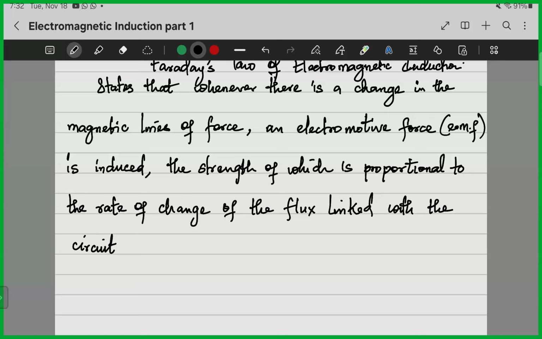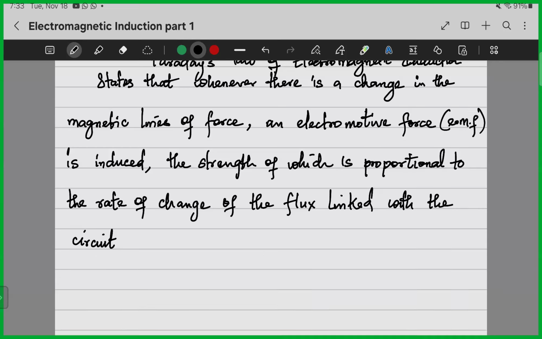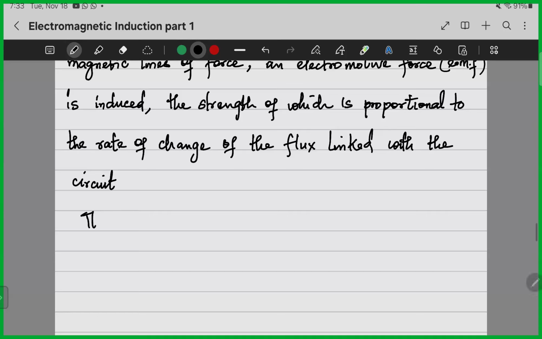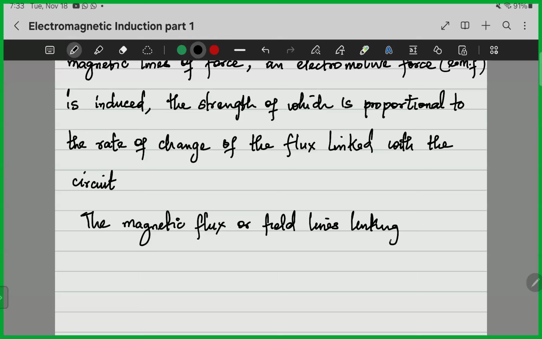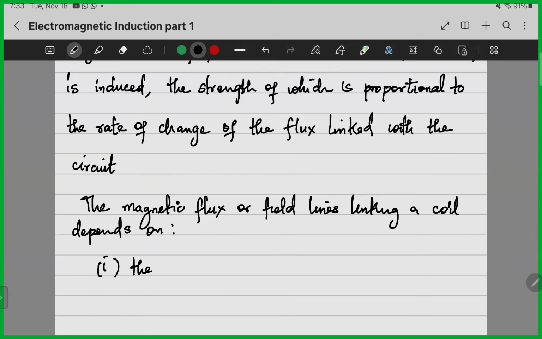So, let me make the following points. The magnetic flux or field lines linking a coil depends on, number one, the magnetic field strength.